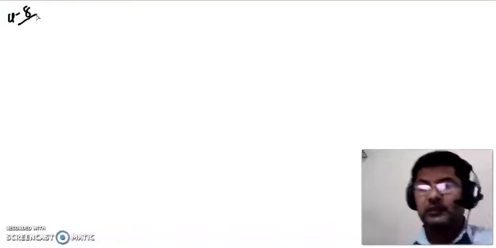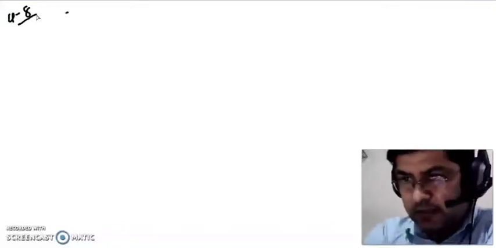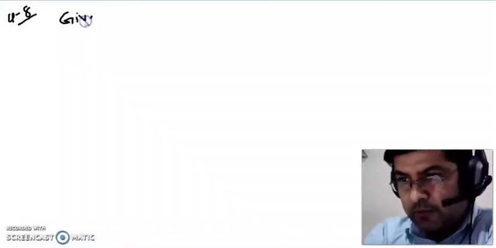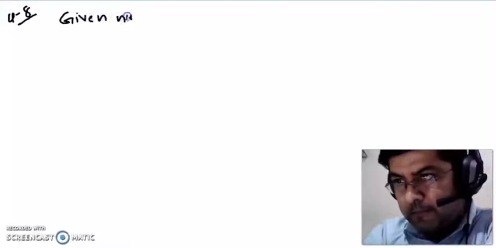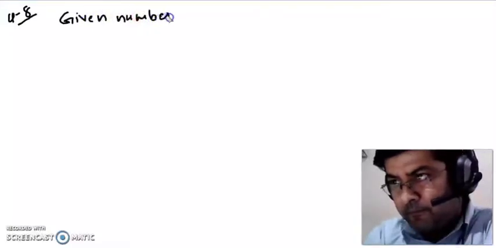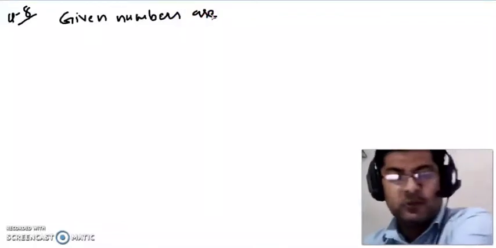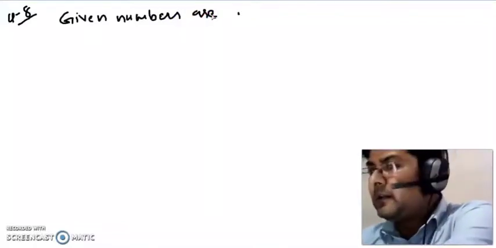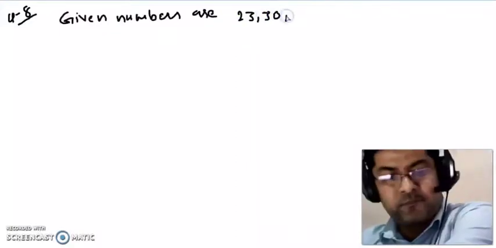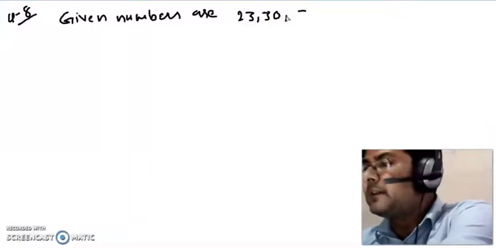Clear? So let us write down first the given numbers in this case. Now the given numbers are 23, 30, 57 and 78.